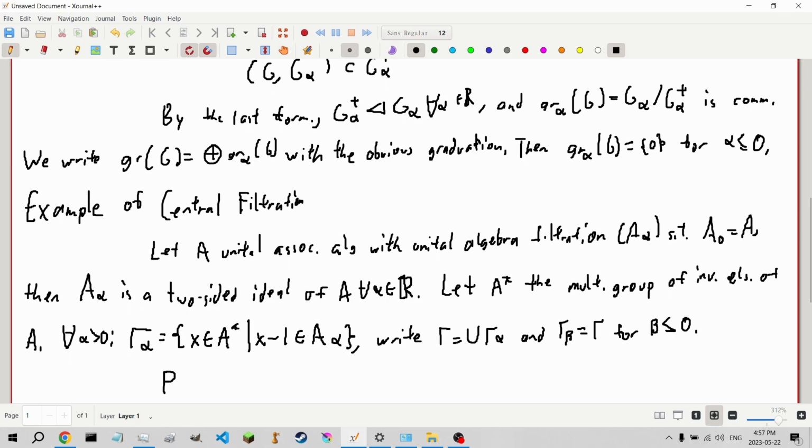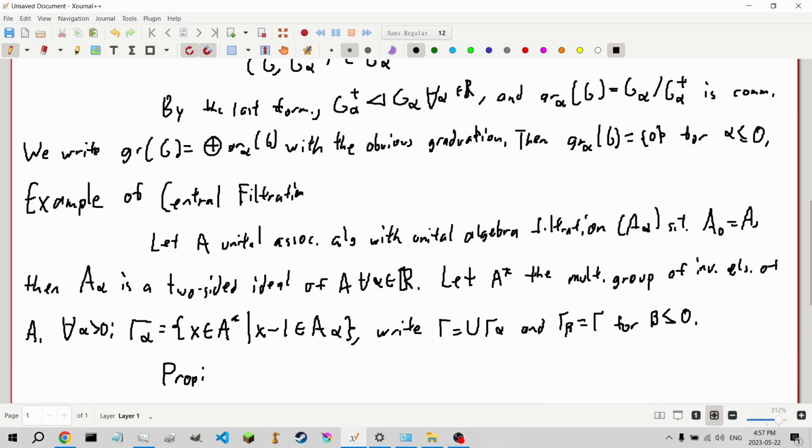This comes as a proposition: gamma is a subgroup of A star, and gamma alpha is a central filtration on gamma.